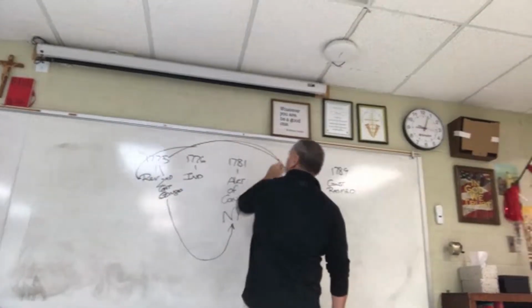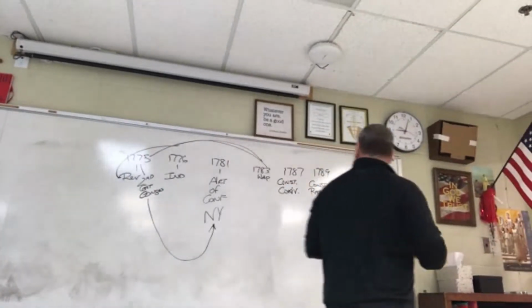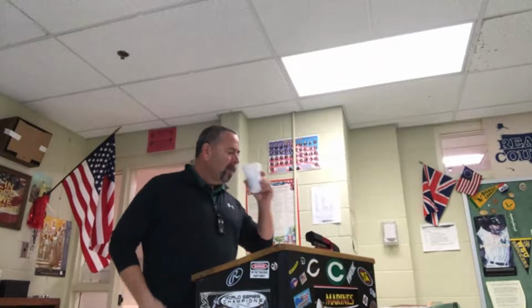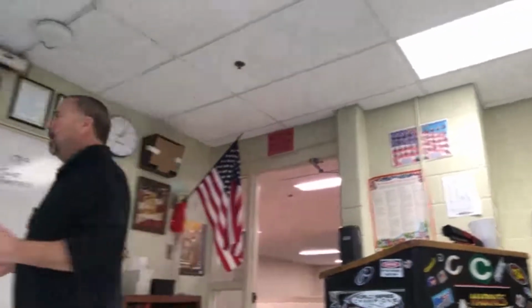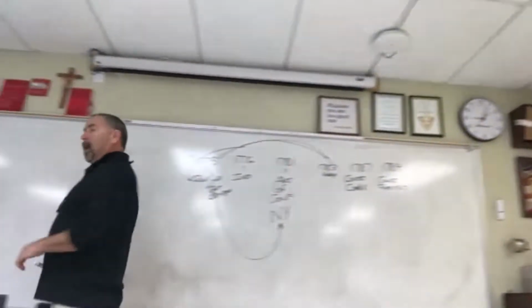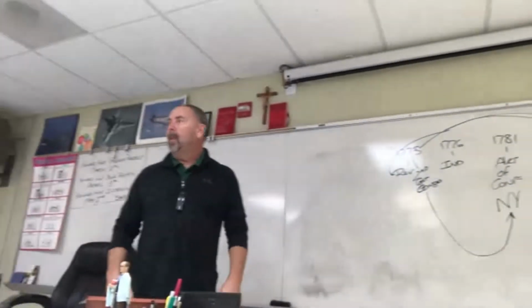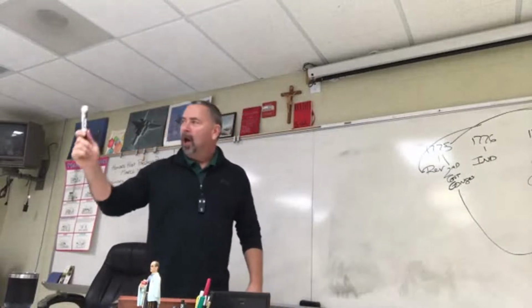Now, the Articles of Confederation were ratified by all 13 states. All 13 agreed to it. Let's look at the structure of the Articles of Confederation. The body of government. And when I say body of government, I mean one body.